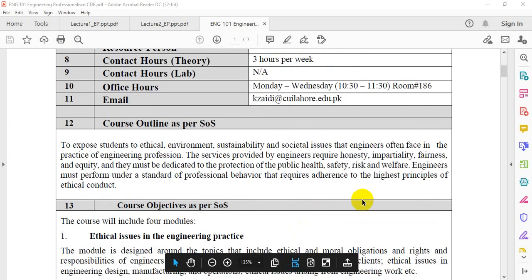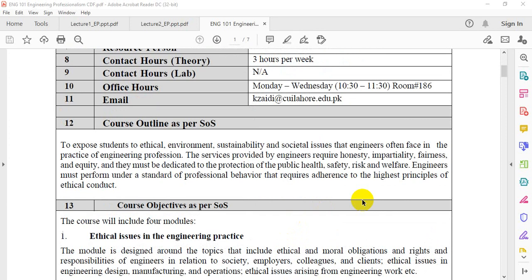The course outline as per the scheme of study is to expose students to ethical, environmental, sustainability and societal issues that engineers often face in the practice of engineering profession. The services provided by engineers require honesty, impartiality, fairness and equity.